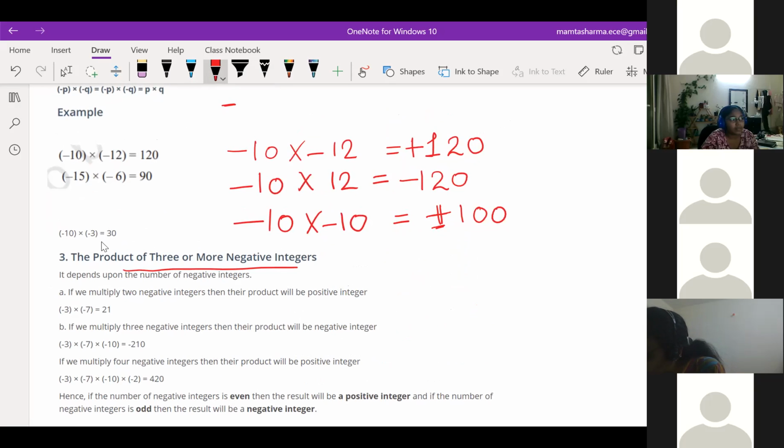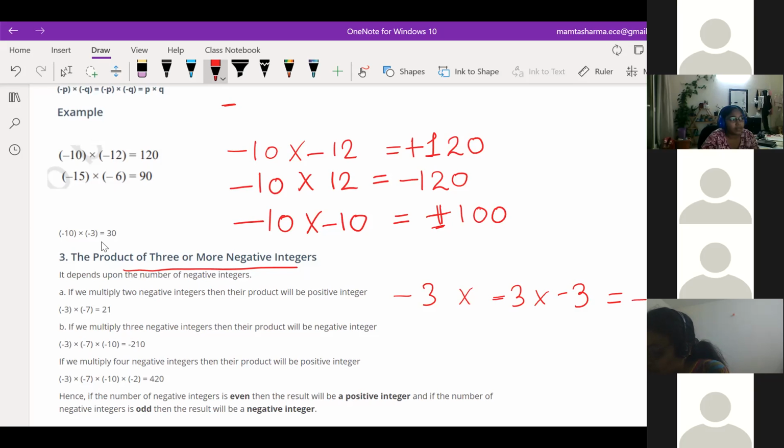If we are multiplying two numbers, we already know the sign. Now we are multiplying three numbers: minus 3, minus 3, minus 3. What would be the result? The result would be 27, and would it be negative or positive? Positive. No, it would not be positive.